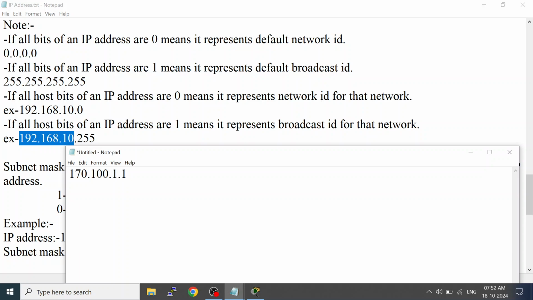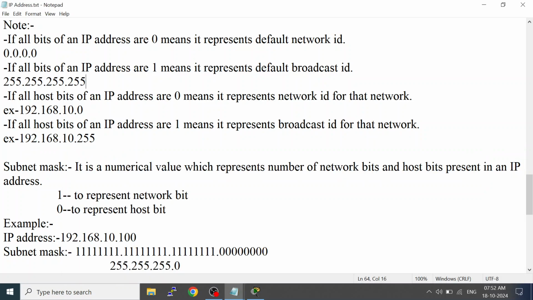Valid or invalid? Clear? Valid or invalid? So clear this one?